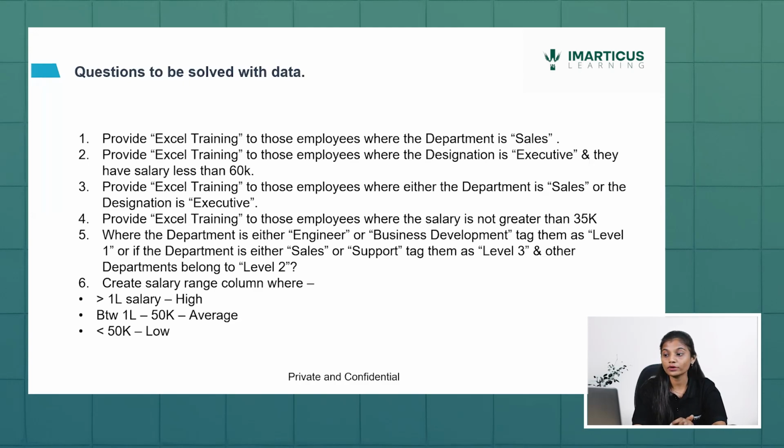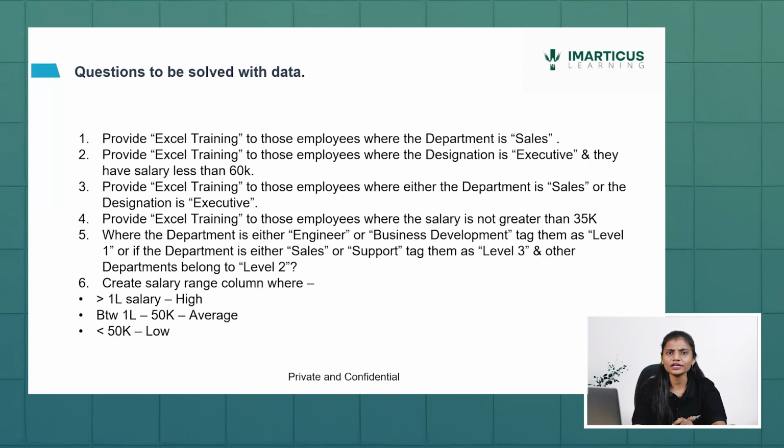Now, if these conditions are not satisfied, which means engineering and business development is not there, is it sales or support? If it is either sales or support, you have to tag them as level 3 category. That is the next part which we want.